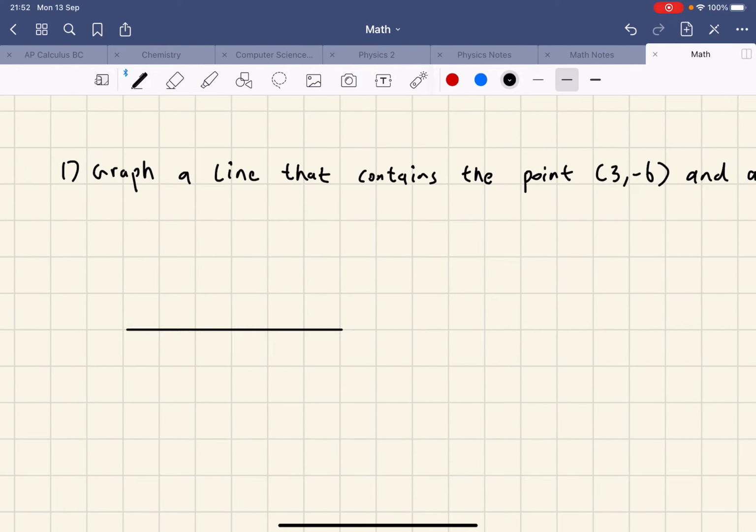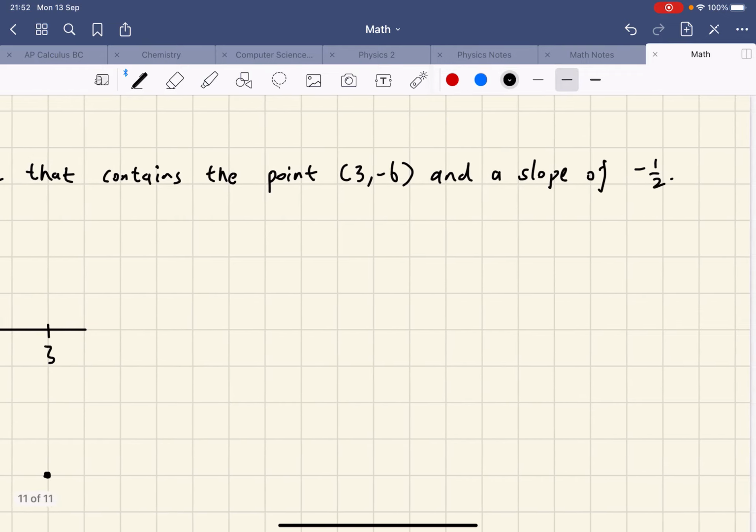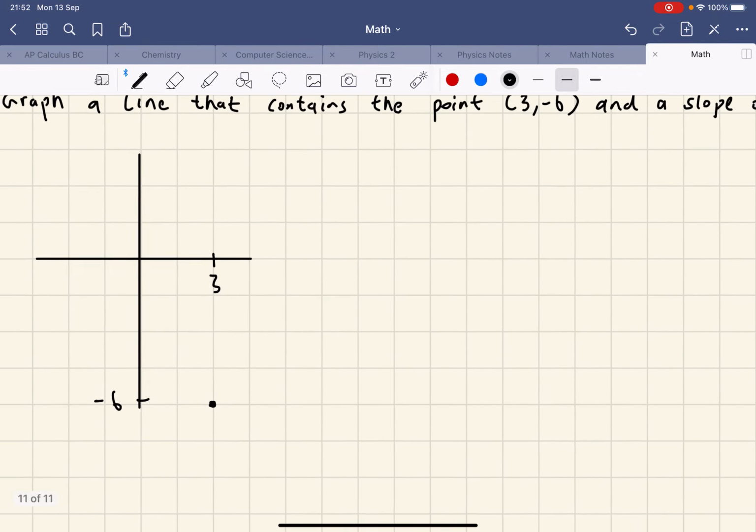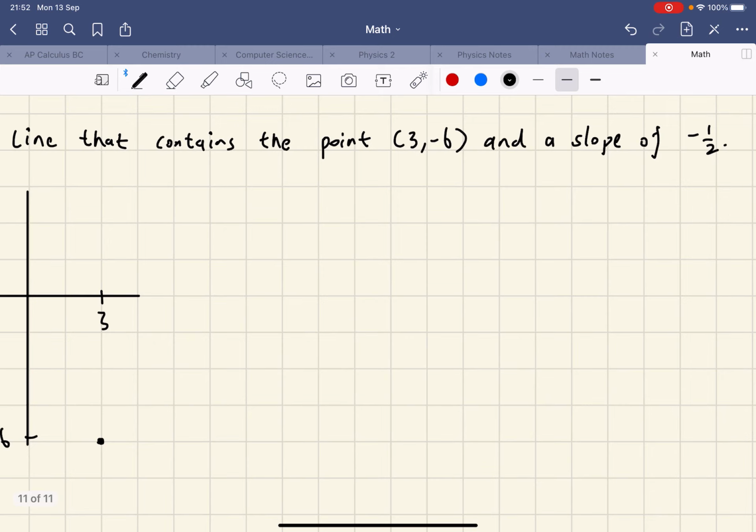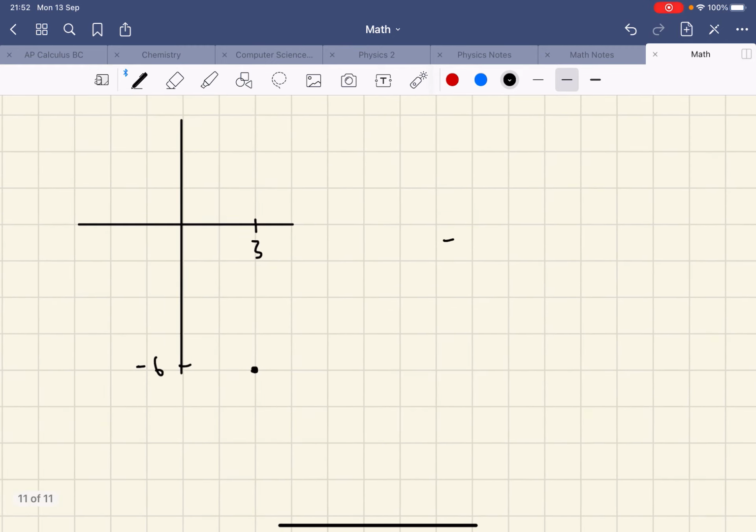To do this question, you can first graph the point that they gave you. So let's say this point is 3 and this point is negative 6. The graph might not be accurate or to scale, but let's just do it. So (3, -6), right? And the slope is negative 1 over 2, and here is the rise, and here is the run.